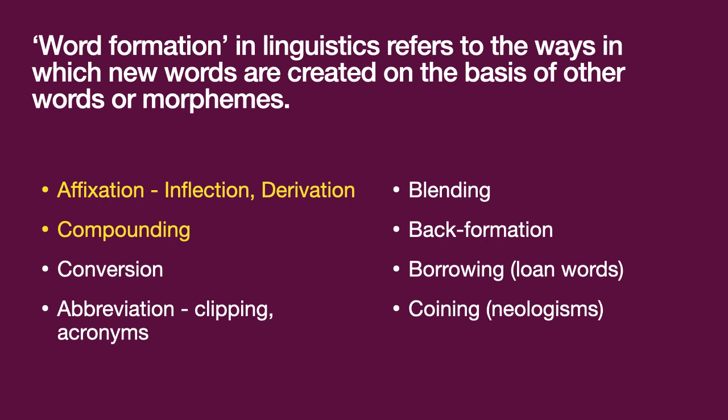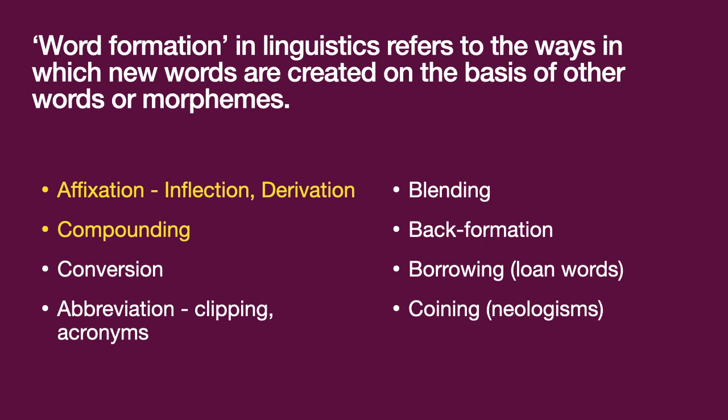And we have already studied some methods of word formation in the third lecture on morphology, that is affixation and compounding. So we said there is inflectional and derivational in order to create new words, and so that is affixation.